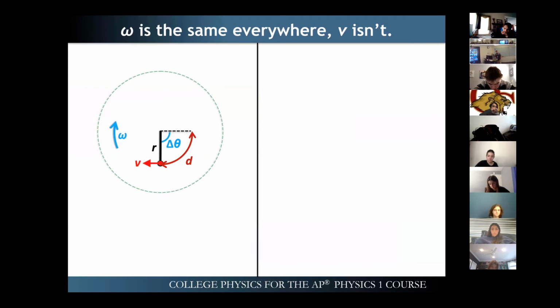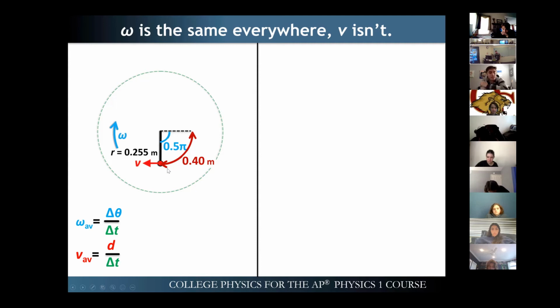And if we think about putting some numbers on here, the angular velocity is change in theta over time. The linear velocity is change in arc length over time. If we measure those values, the arc length in this case is 0.4 meters, the radius from the middle to where that object is is 0.255 meters, and the angle is 0.5 radians, or pi over 2 radians.